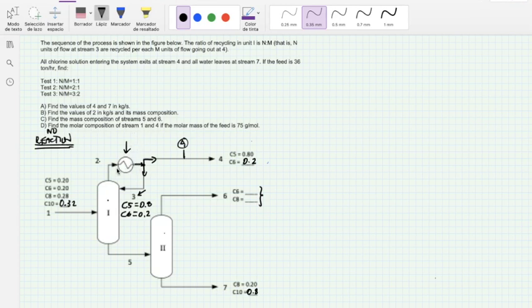So you may think, well, you know what, I'm going to put at 2 the same composition as at 4, and the same composition as stream 3. And I would say, let's wait to prove it, okay?